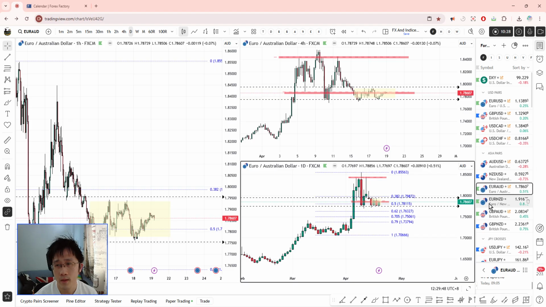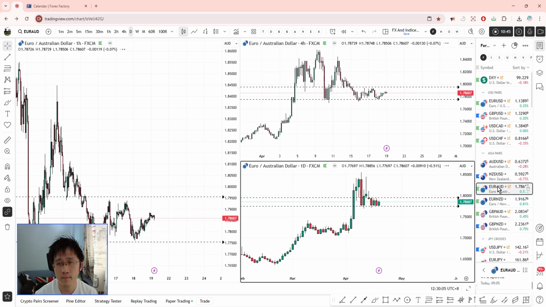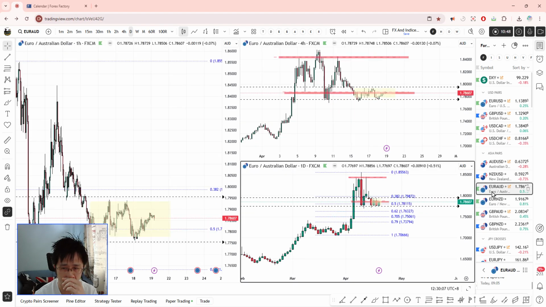Although there are times that the New Zealand dollar is stronger than the Aussie dollar, or the Aussie dollar is stronger than the New Zealand dollar, overall they tend to move in tandem. So if let's say euro New Zealand is very bearish, euro Aussie could likely also be bearish, if not also very bearish, right? Okay, so that's for euro Aussie and euro New Zealand.